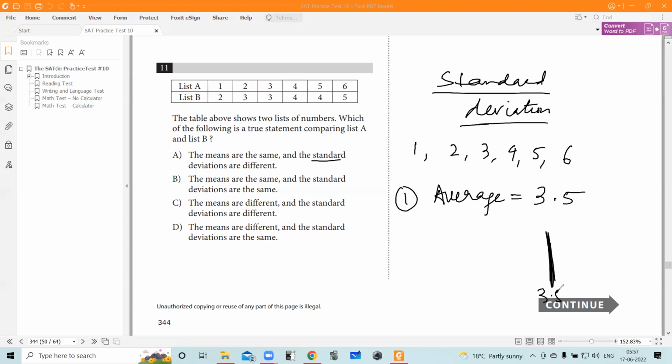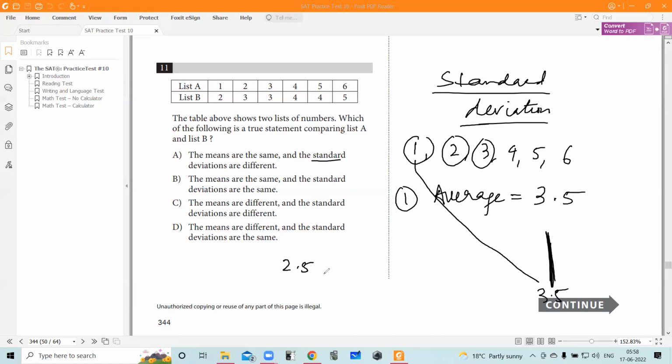And then see what I'll be doing here. I'll be checking how much each number is deviated from 3.5. How much is this number away from 3.5? So now I'll be checking the deviation of 1 with 3.5. How much is that? 2.5.